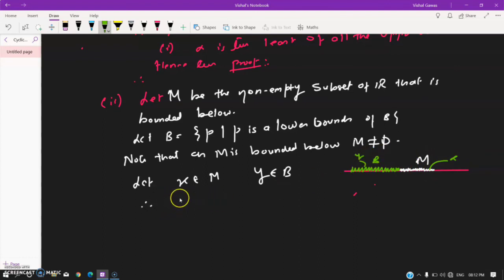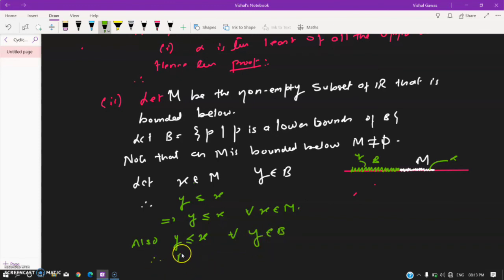So in this case Y becomes less than or equal to X, right? Both are arbitrary elements, since B is the set of all lower bounds. This implies that Y is less than or equal to X for every X in M. Also, you take any Y from this, it would always be less than every element here. So Y is less than or equal to X for every Y in B.